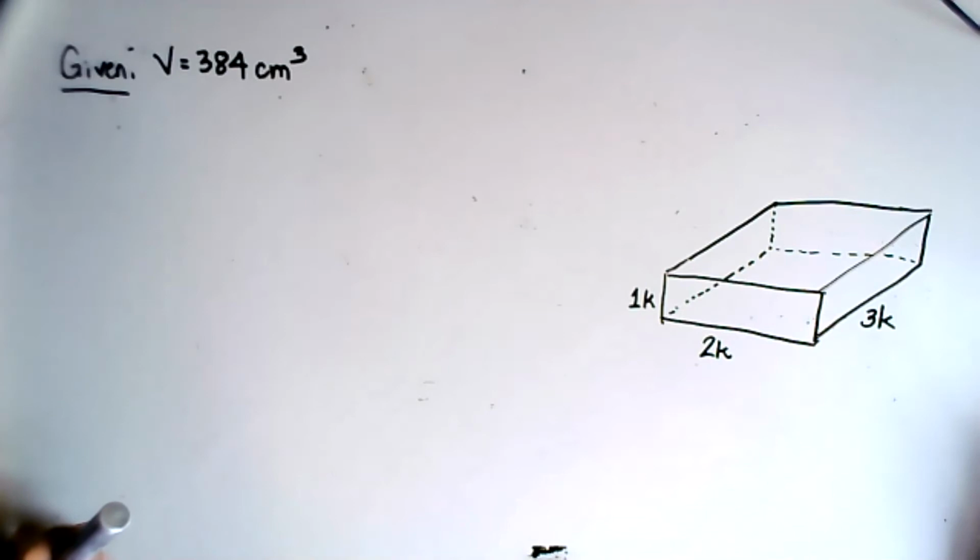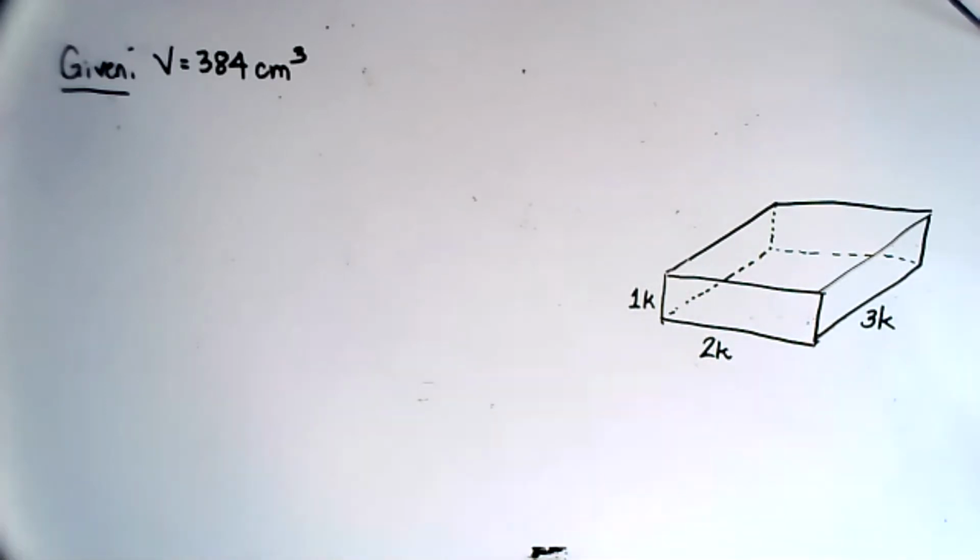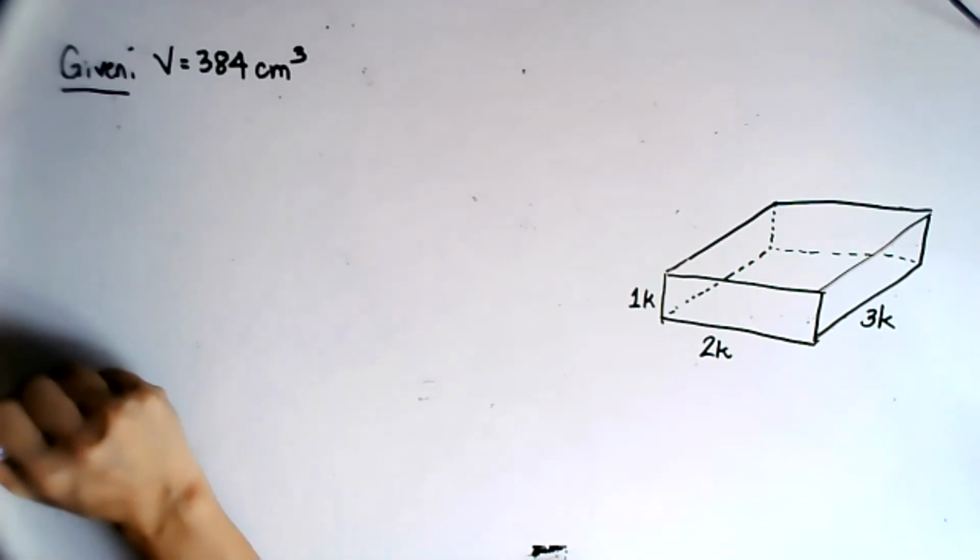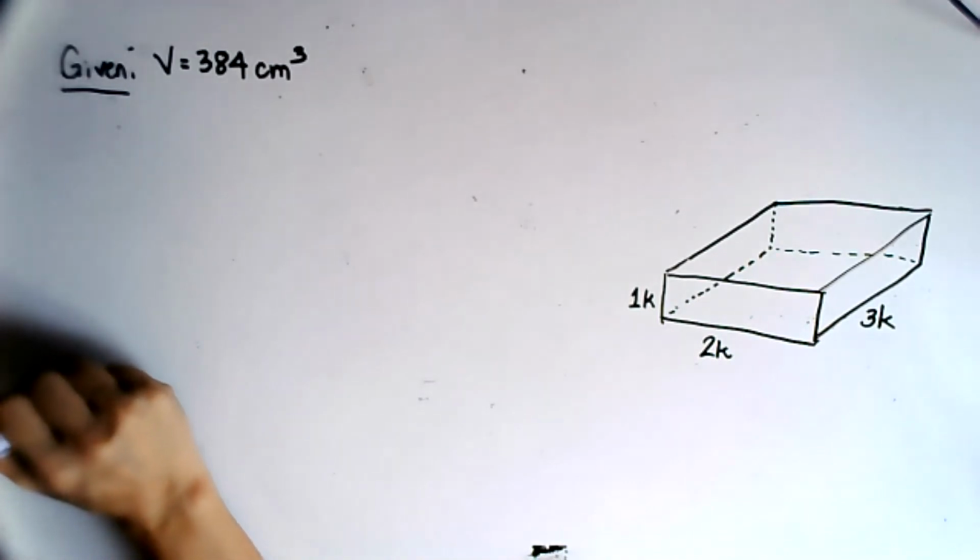Wait. Let me see. Okay. So we have the volume, which is 384 cubic centimeter. And we are going to determine the dimensions of the solid.